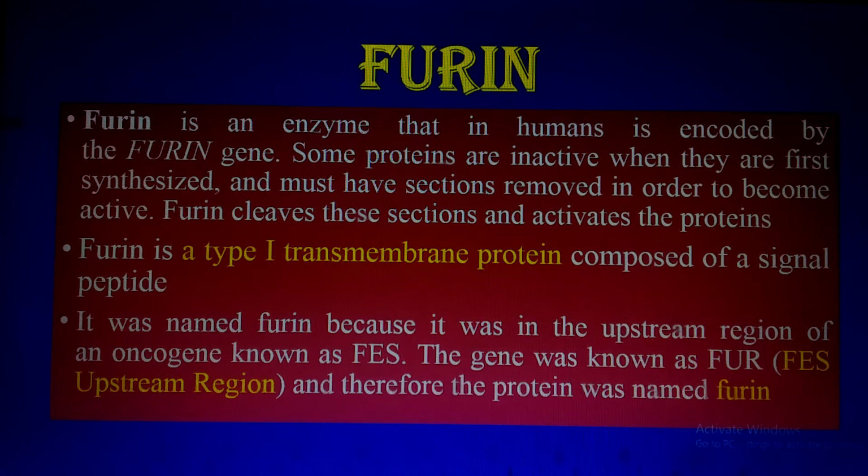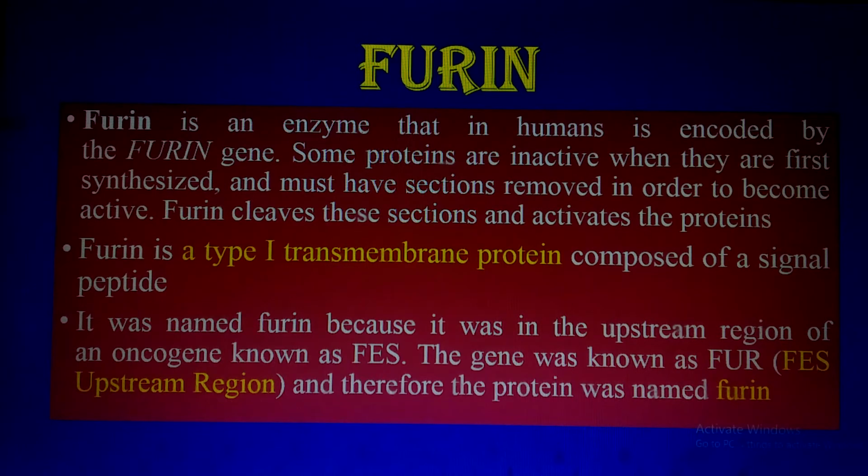It helps in the cleavage of the protein. Furin cleaves these sections and activates the protein. Furin is a type 1 transmembrane protein, like the transmembrane serine proteases. This is also a transmembrane protein composed of a single peptide. Must keep it in your mind, it is just one single peptide, and this is what a type 1 transmembrane protein is.